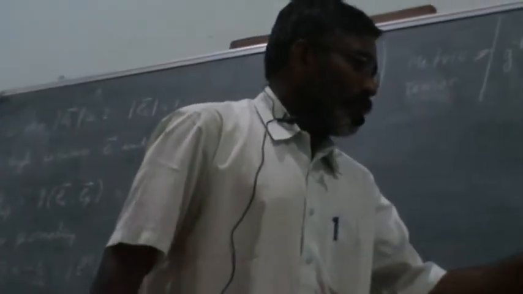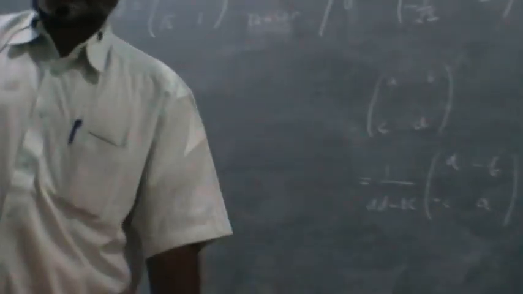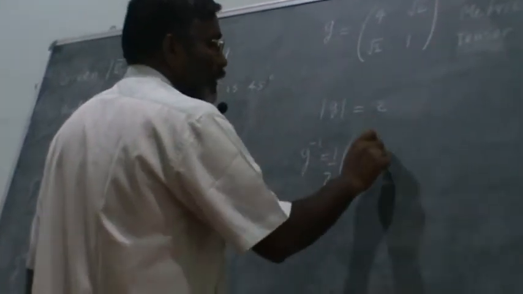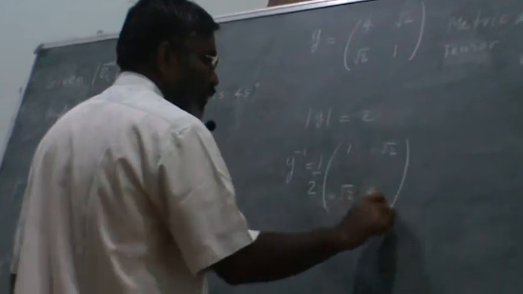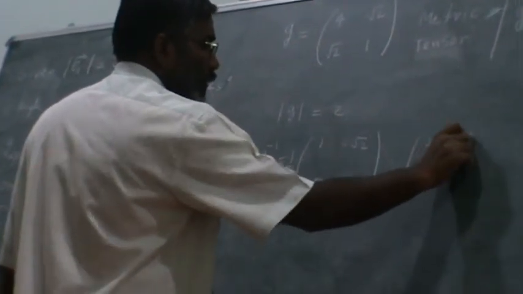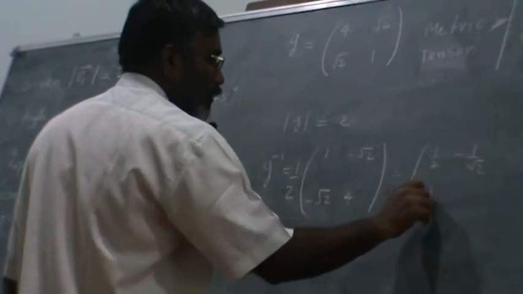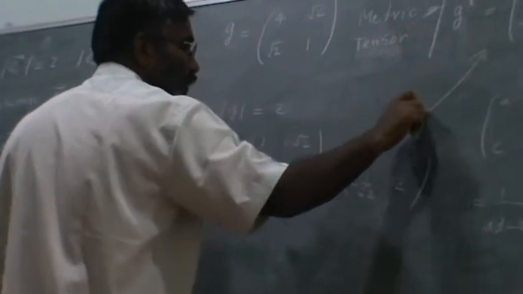So essentially, each of these becomes the cofactor matrix of the other. You take the cofactor and take the adjoint of the cofactor matrix, and you will get this. So this is 1, this is 4, and this is minus root 2 and minus root 2. And when you do this, you will get half, minus 1 by root 2, minus 1 by root 2. So that is the same matrix.